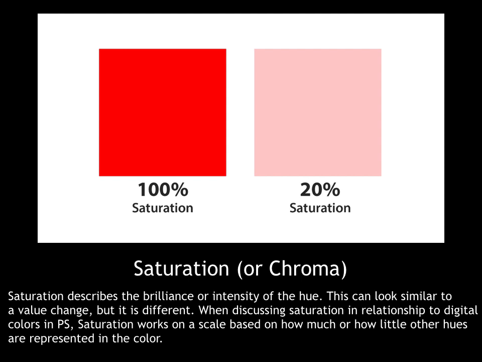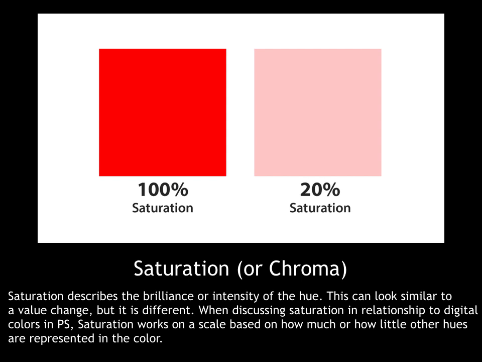When we talk about pigment, which we're not using, I mentioned how black and white can affect the value. If we're talking about pigment, then adding gray would be how we affect the saturation of a color. When we're talking about light, however, when we talk about the saturation of digital colors, we mean how much or how little other hues are being represented in that color.